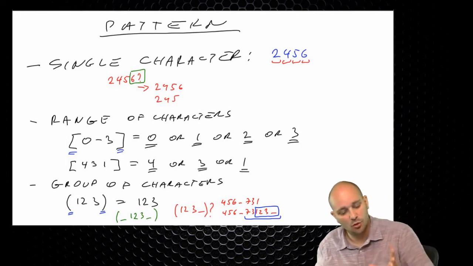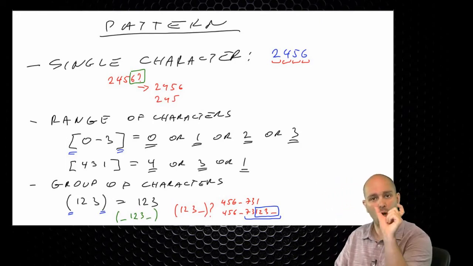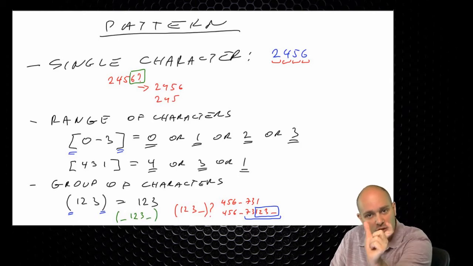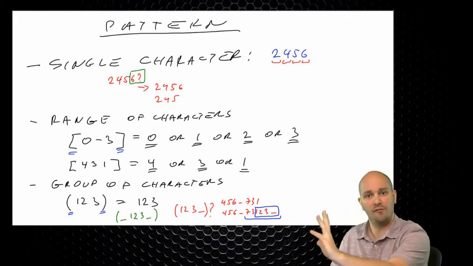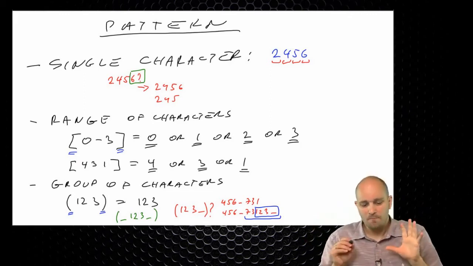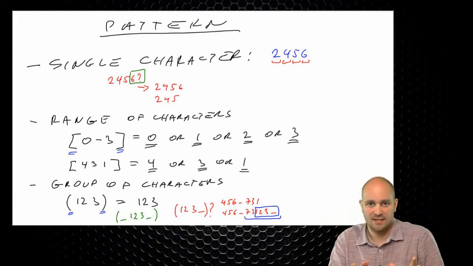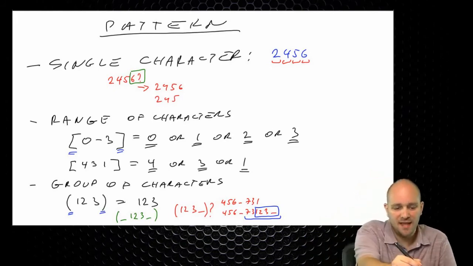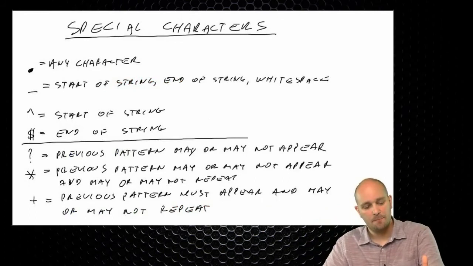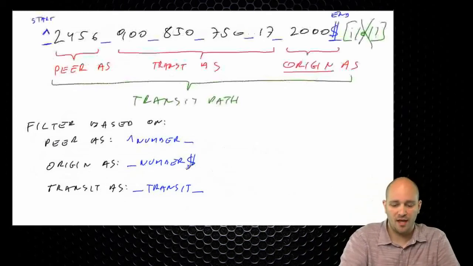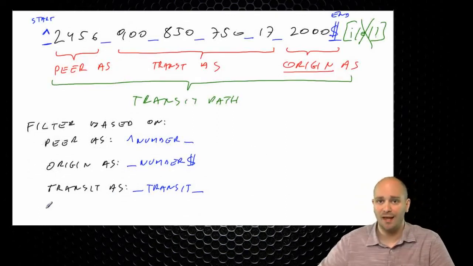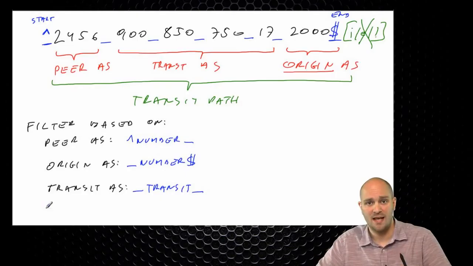Because this tells your router that you are looking only for 1, 2, 3 standing as an individual group of characters, not immediately preceded or followed by other digits. So these are the very, very basics of regular expressions. But this, in combination with these modifiers, these special characters, and understanding what different terminology means here, is what will help you actually solve those requirements if you encounter them in the lab.